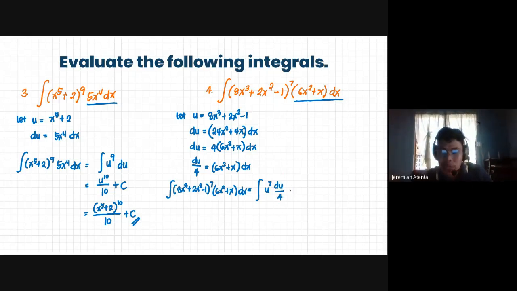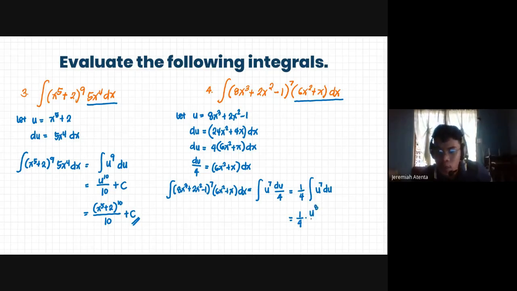And from that, we can factor out 1/4, right? So labas natin si 1/4. Then we have the integral of u to the power of 7 du. And what is the integral of u to the power of 7? That is just 1/4 times u to the power of 8 over 8 plus c, right?